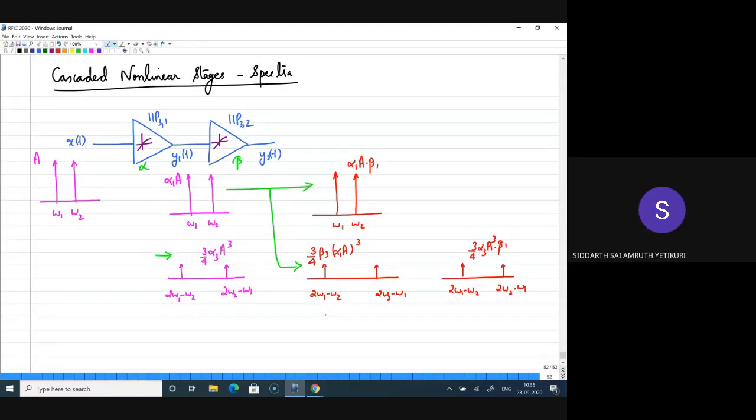Can the second order modulation terms maybe cause something here, sir? Second order modulation of the first stage, right? Yeah, that means the frequency is appearing at omega 2 minus omega 1. Yes, sir. They can combine with the first ones, maybe. Yeah, that is one possibility. And any other possibilities?